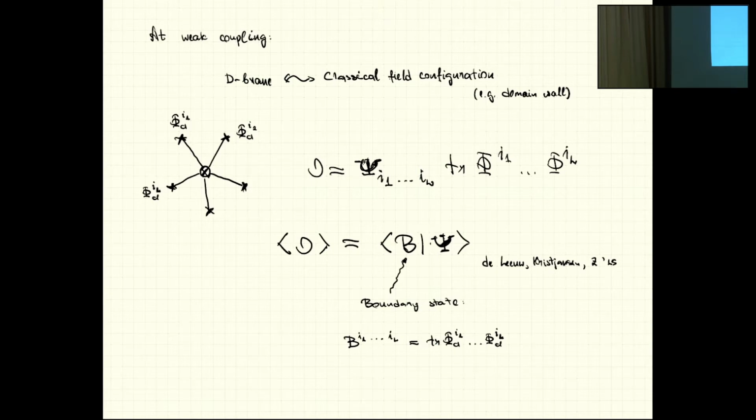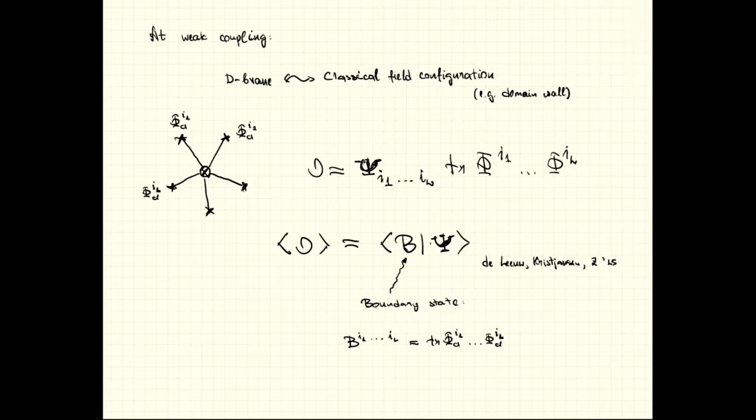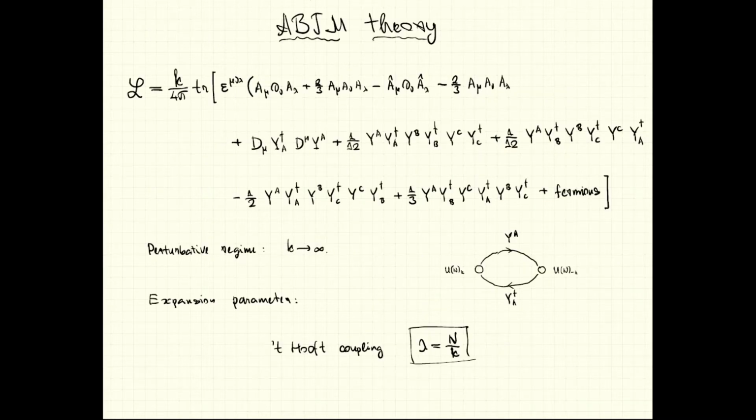In the spin chain interpretation, this immediately maps the problem to computing an overlap of whatever state characterizes the operator with a new state that is induced by the D-brane, and which is obtained by simply multiplying the classical fields and taking the trace.